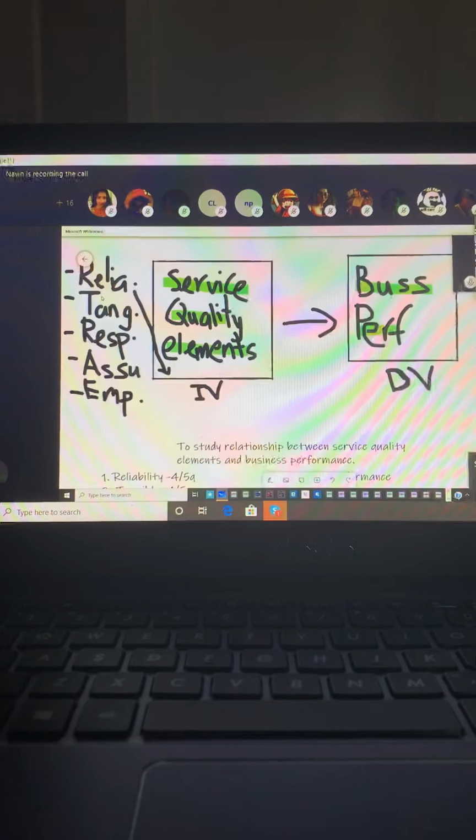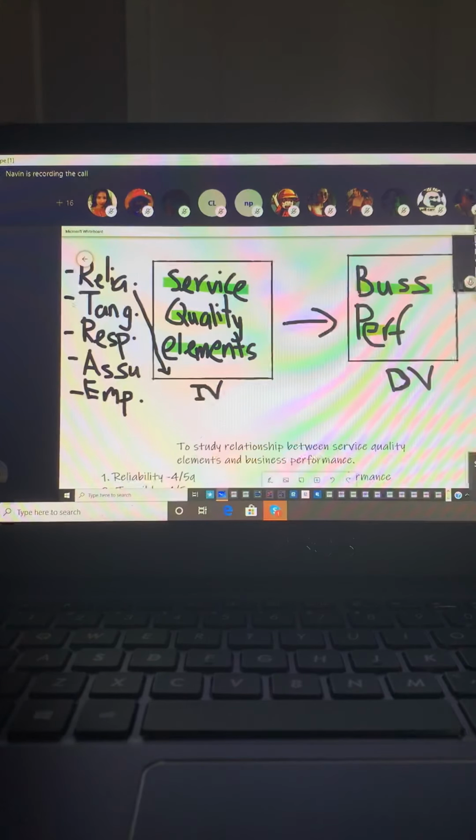Okay, what I mean by explain one by one, you need to explain what is the meaning of reliability, what is the meaning of tangibility, what is the meaning of responsiveness, what is the meaning of assurance, what is the meaning of empathy. Okay, I think some people already done this last week because you guys show me. So what I want you is to cut the answer, you put your answer in task number 2.